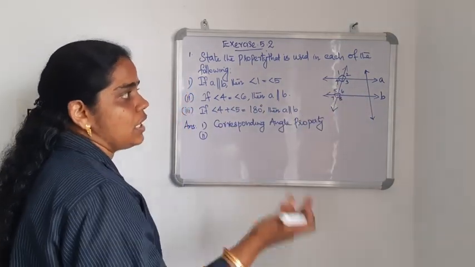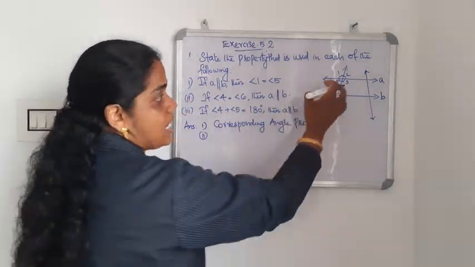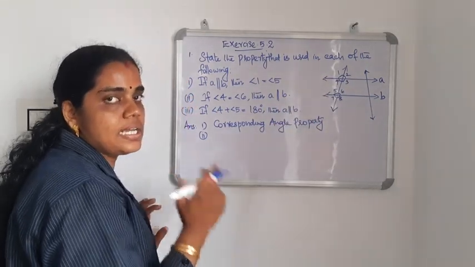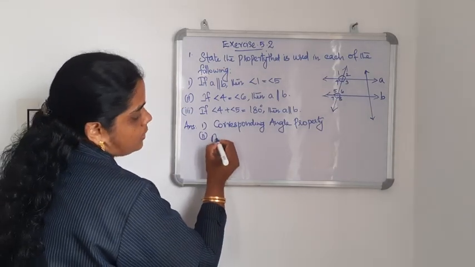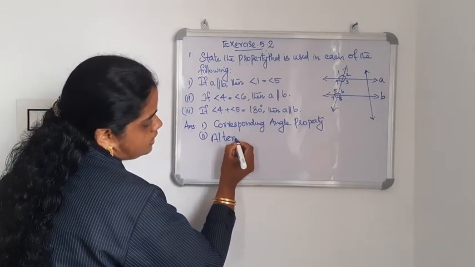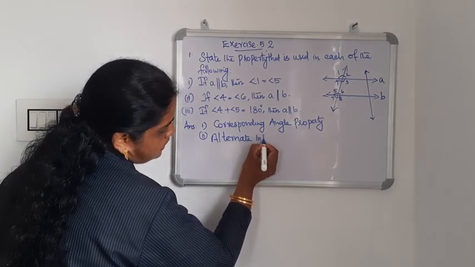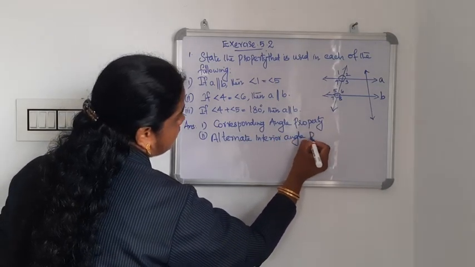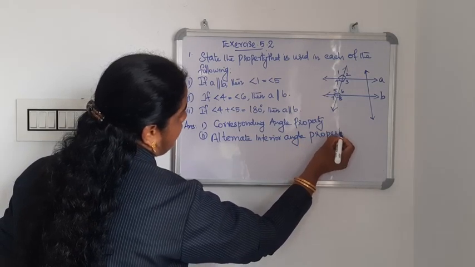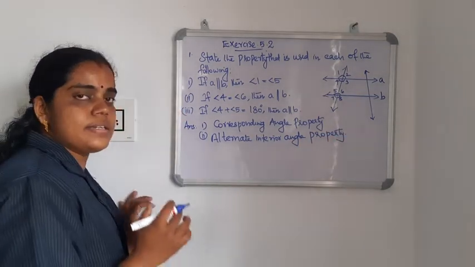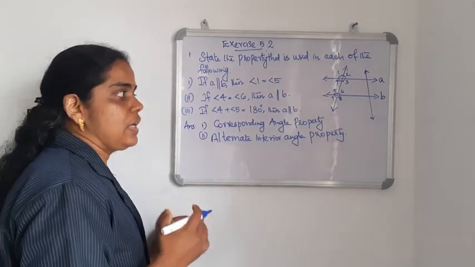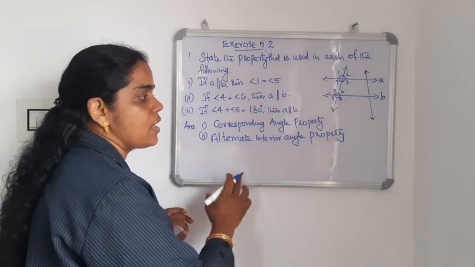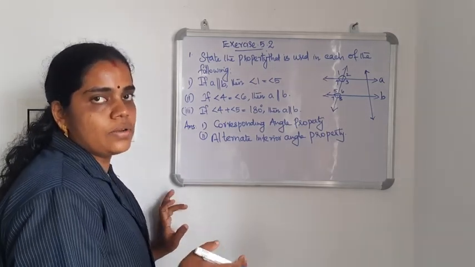They are known as alternate interior angles. So the property is the alternate interior angle property. It means alternate interior angles are equal if A is parallel to B, and vice versa.